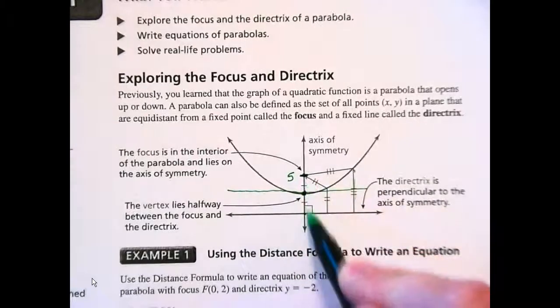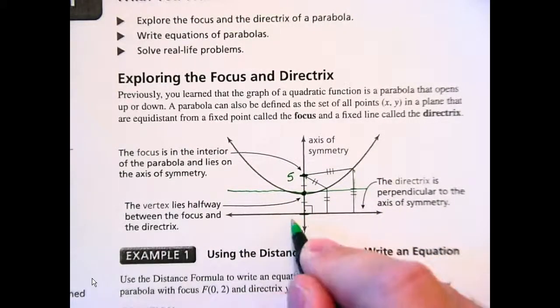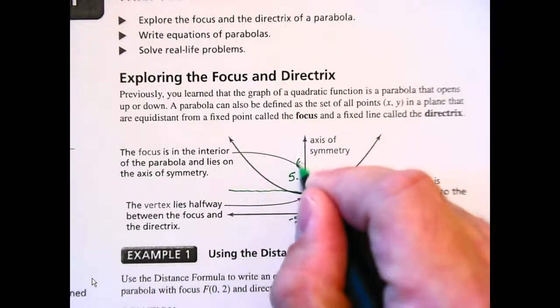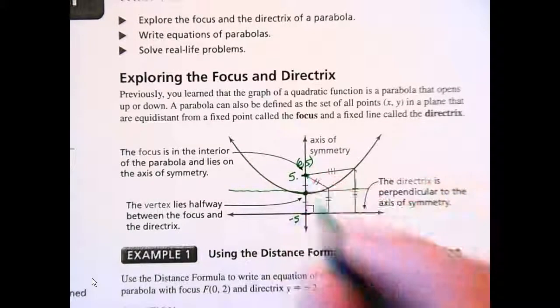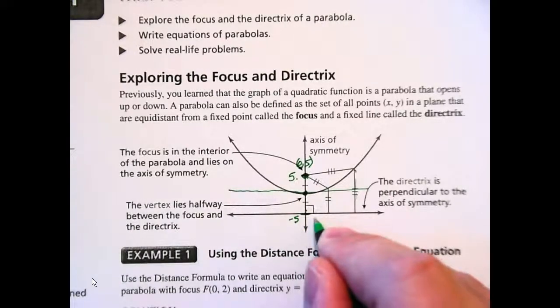So it would make this what? Make it -5. Okay, this is a coordinate. This would be the ordered pair 0, 5. That would be that point. This is an equation. This would be the equation y equals -5.